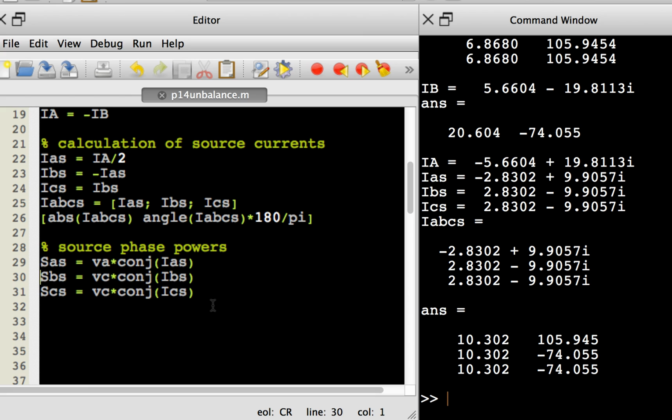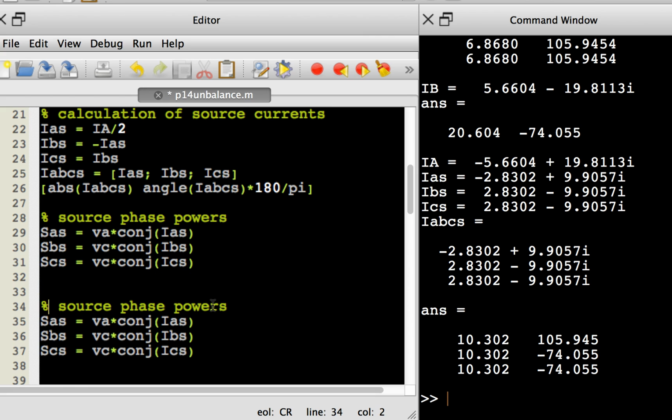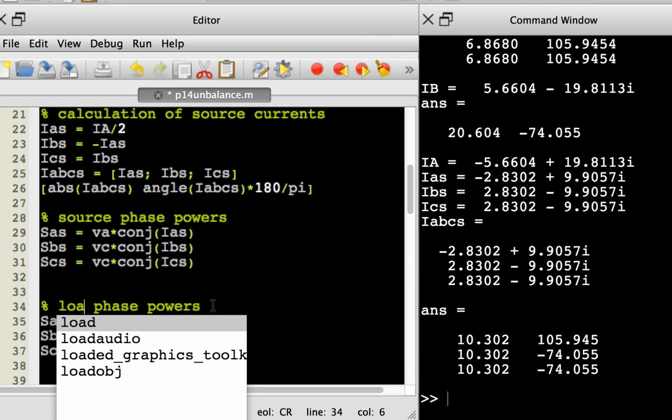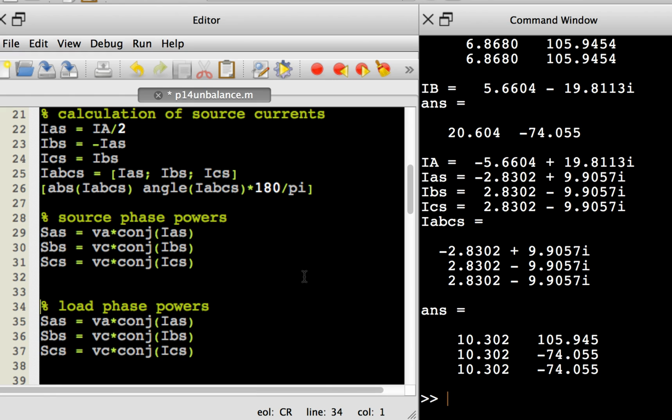What about complex powers from the load? So let's replace all this by L, this by L, this by L, and we have also calculated the load currents. So conjugate of IAL and then IAL into 2 plus 7i. This is a load element.